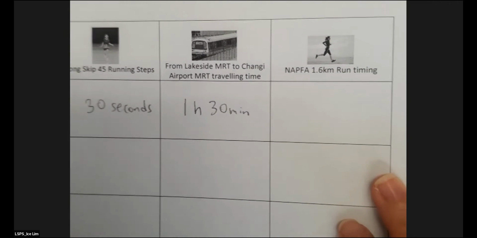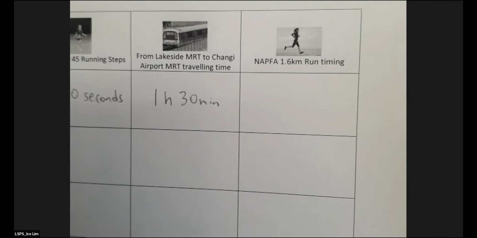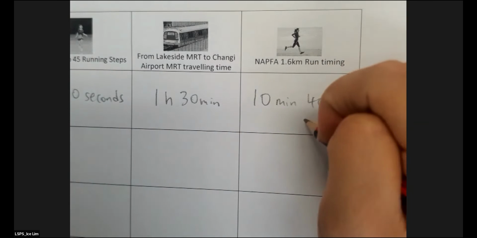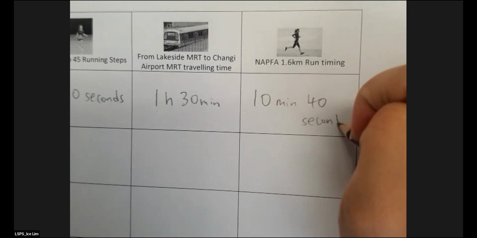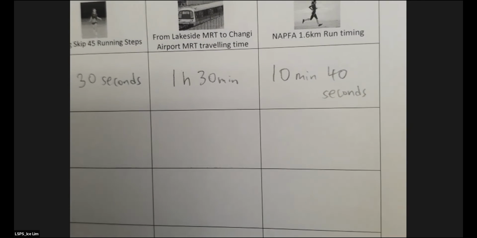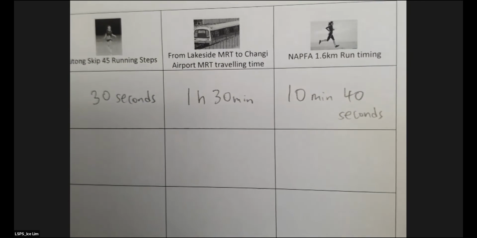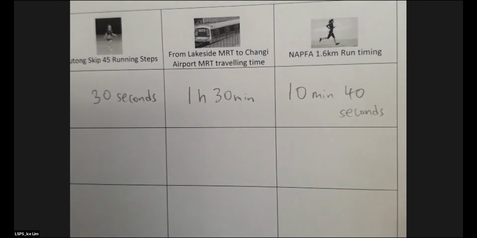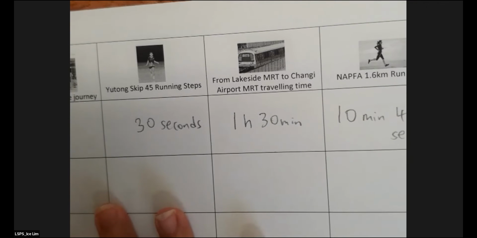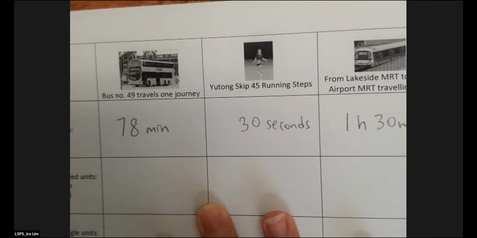We go on first. NAFA 1.6 kilometer run. Okay, about 10 minutes and 40 seconds. Yours are maybe a bit different. Some of us are faster, some of us are slower. But we are looking at the best match, the most seemingly appropriate timing duration for each activity.